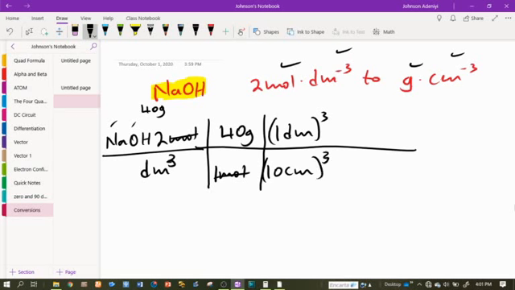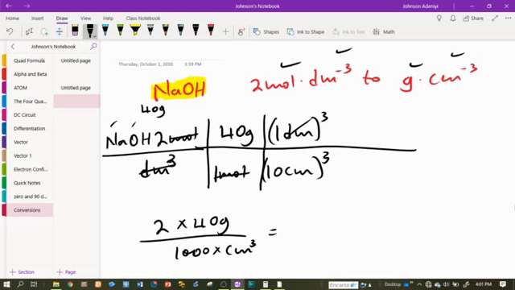By doing it this way, you can simply just multiply the numbers. So this is going to be 2. This decimeter cube will cancel this decimeter cube. So this will now give you 2 times 40 gram divided by 1000, that's 10 to the power 3, 1000 centimeter cube.